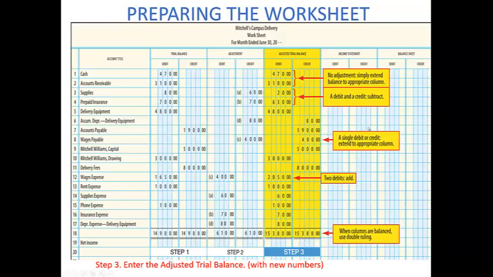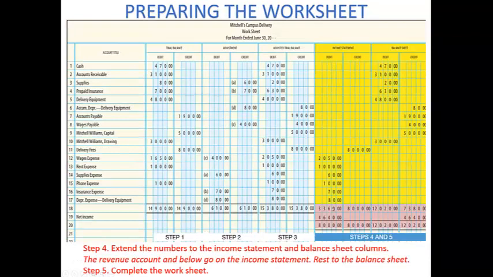The next step is to move these accounts over to either the income statement or the balance sheet. The accounts that are found on the income statement go over to the income statement column just as they sit. All other accounts go over to the balance sheet.